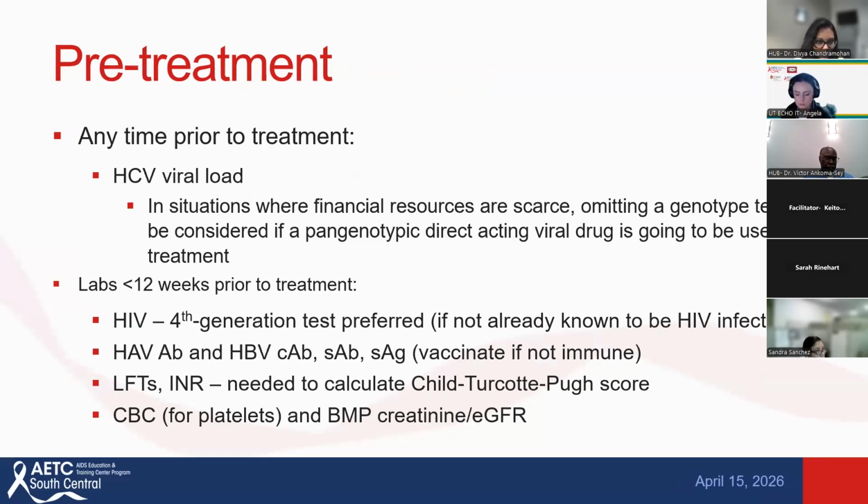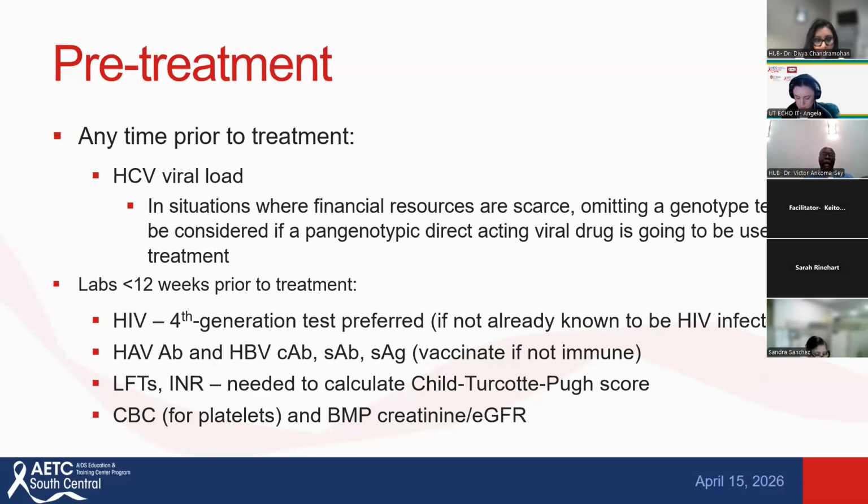In terms of pre-treatment, the laboratory workup is very similar to individuals who are mono-infected, but just briefly going over it, you absolutely want to get an HCV viral load, so you get a baseline, and after your DAA therapy you can monitor to see if they have a progressive decrease in HCV viral load.